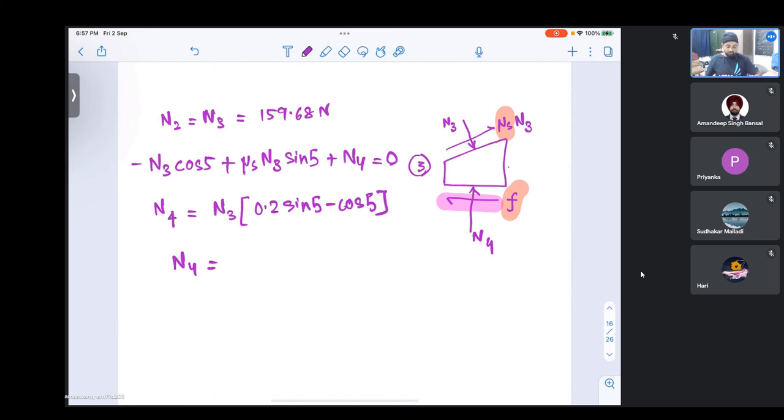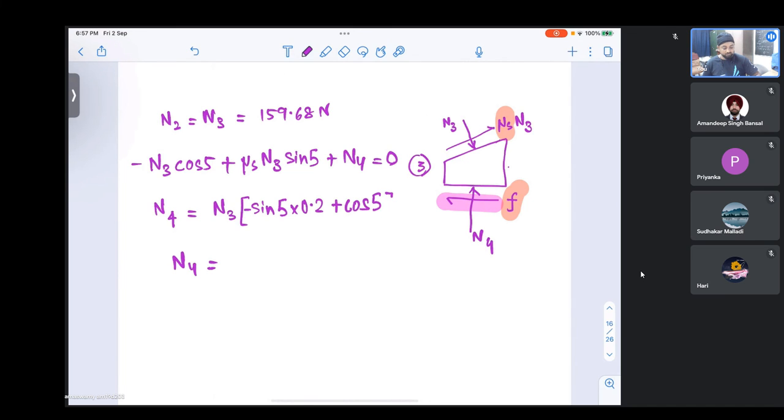So N4, let us calculate. N3 is 159.68 into 0.2 into sine phi minus cos phi. I'm sorry, just made one small mistake there. It is actually cos phi minus 0.2 sine phi.